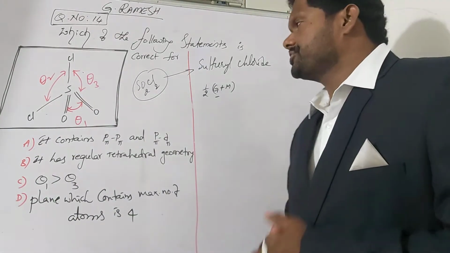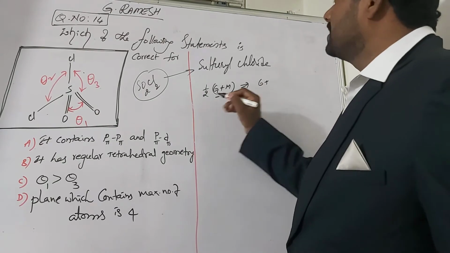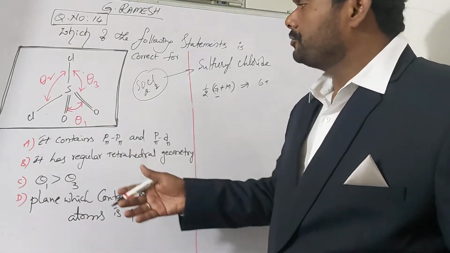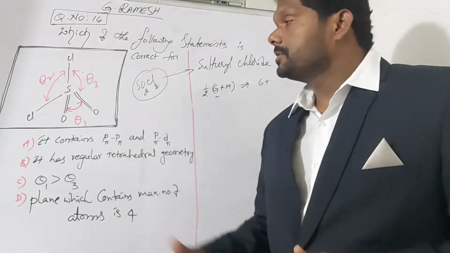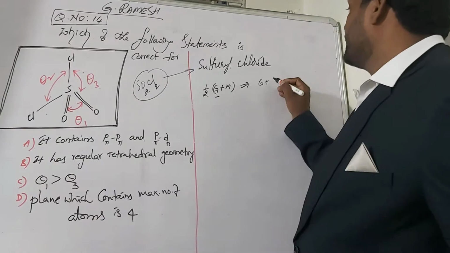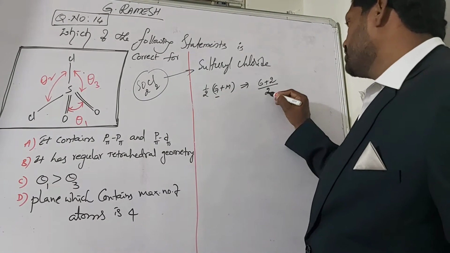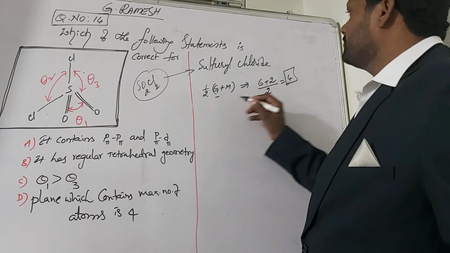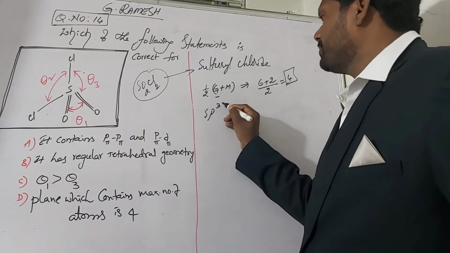Sulfur group number is 6, plus M, the number of monovalent atoms. Chlorines are monovalent and oxygens are divalent. So 2 chlorines are there, so 6 plus 2, into half, is 8 by 2, which is 4.